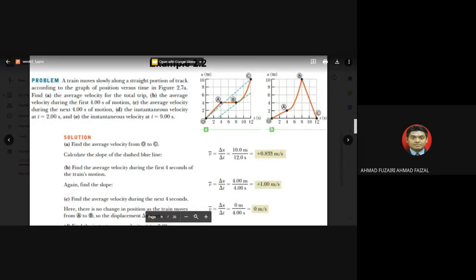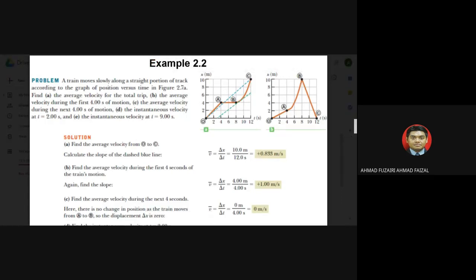And untuk soalan E, the instantaneous velocity at time t equals to 9 second. Where is 9 second? 9 second duduk antara 8 dengan 10. So you try to project it to the graph. Maksud dia project daripada bawah sampai ke line yang ada orange tu. And then tengok, oh dia duduk dekat graph yang berbentuk curve, a very curvy graph. So how to handle a curvy graph? Therefore, we should draw a tangent line.